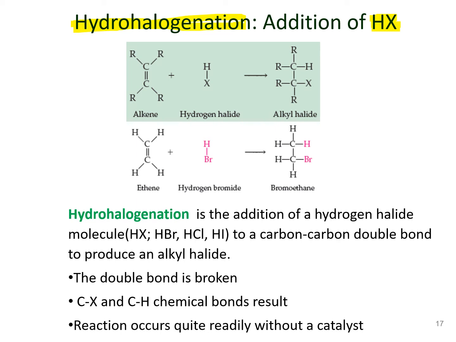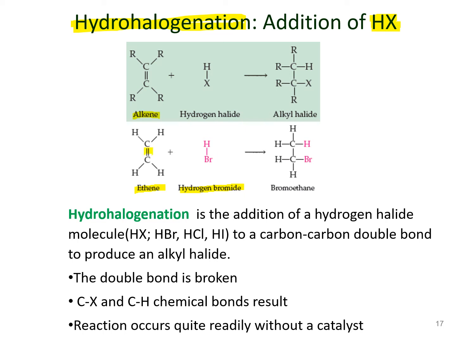So in general it is represented by the X. More or less the same concept that was there in hydrogenation and halogenation will apply here as well. So this is an alkene, and the actual example is ethene made up of 2 carbons and 4 hydrogens, and the hydrogen halide used in this case is hydrogen bromide.